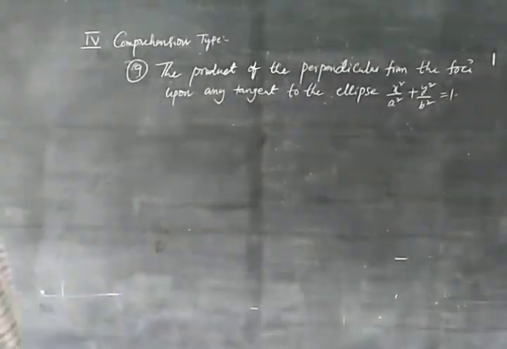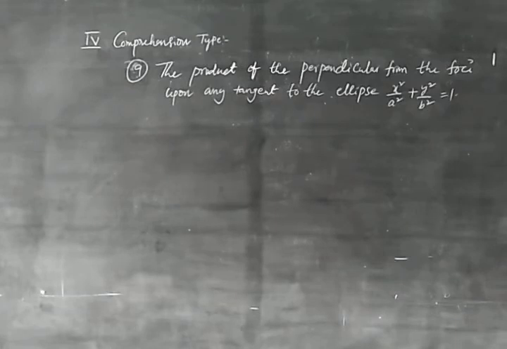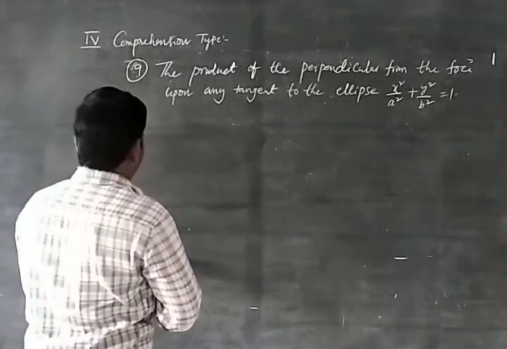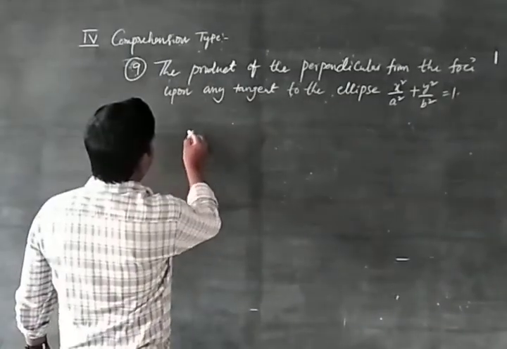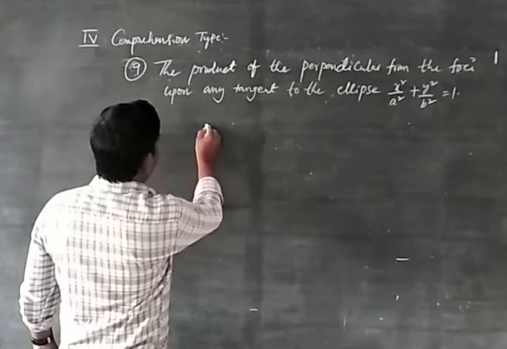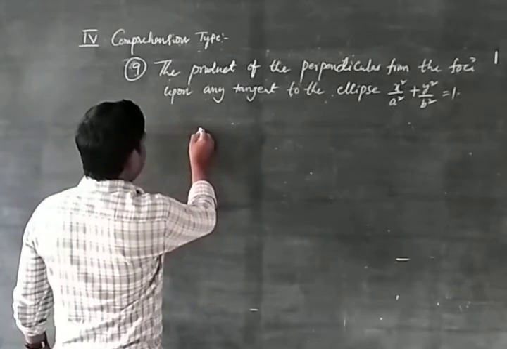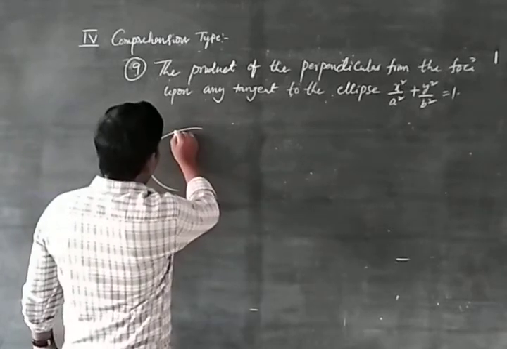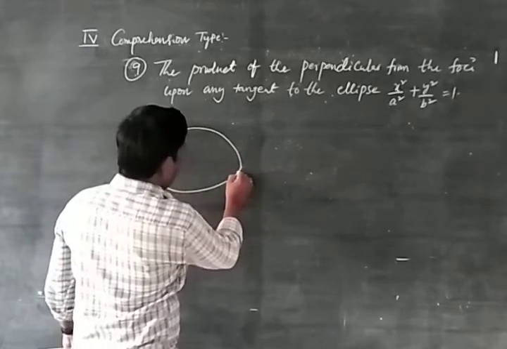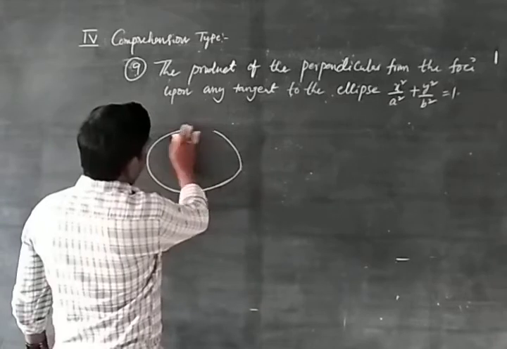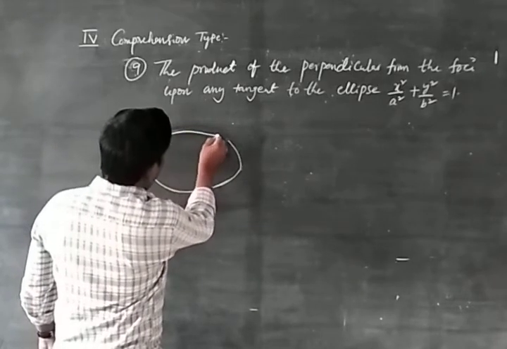So, for that draw a diagram. Okay, this is the ellipse.